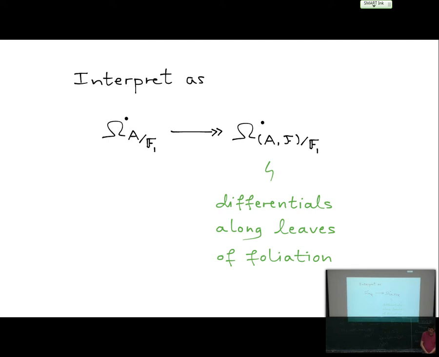Let's see, how is it they do it? For example, what you were talking about yesterday was relative to Z, where the differential in the de Rham-Witt complex is W(Z)-linear.